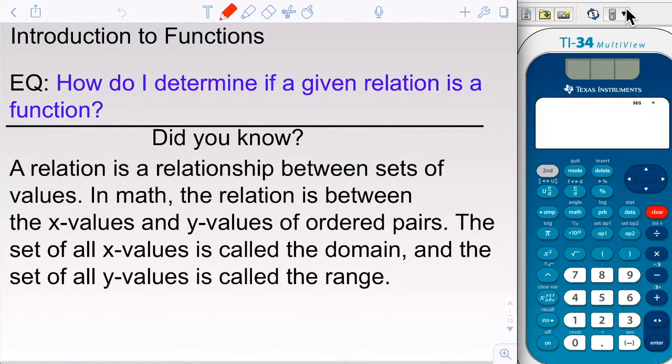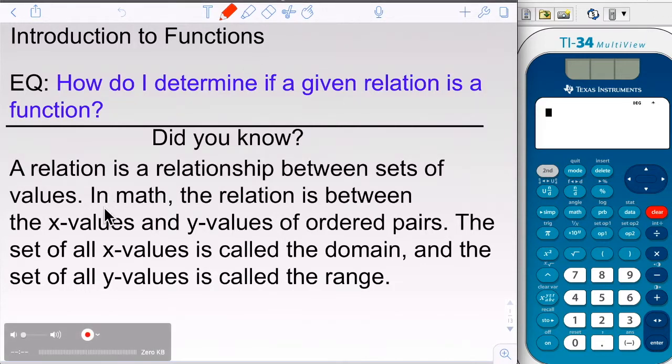Fairly straightforward. Maybe that word, relation, was confusing. A relation in math is a relationship between sets of values. In math, a lot of times we're talking about the relationship between the x value and the y value.